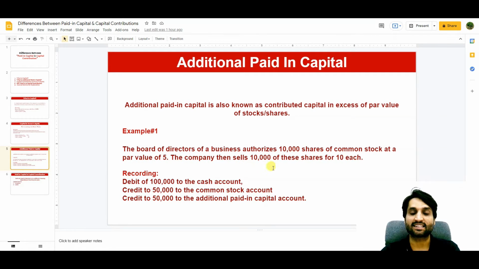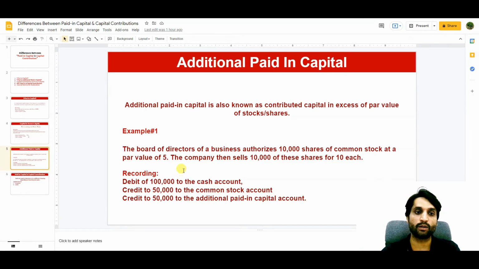The company then sells these 10,000 shares at 10 for each share. It means the par value, which is authorized, is 5, and the company sold its shares at rupees 10 each, at a higher value.